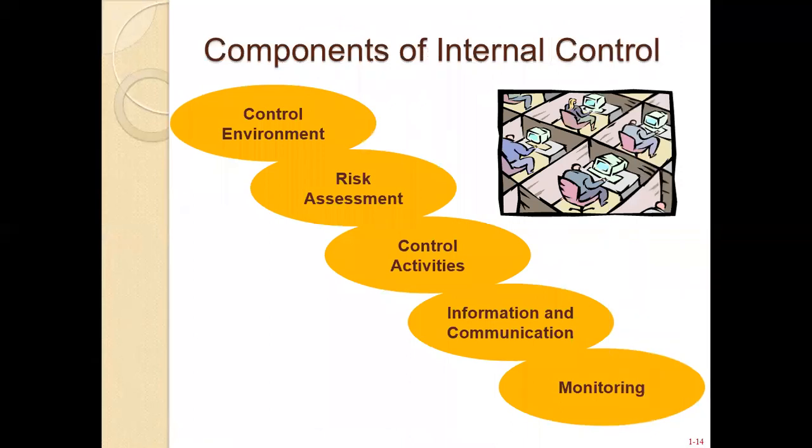Simply, the components of internal control. The next topic is internal control: how the company is controlling its business. It is a hierarchy of control environment, risk assessment, control activities, information and communication, and monitoring. The components of internal control simply show how the company will be controlled. That's the control environment, and it should be a monitoring environment.